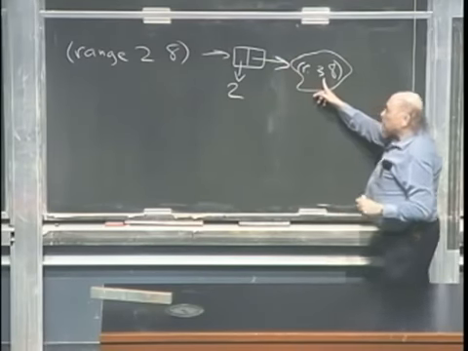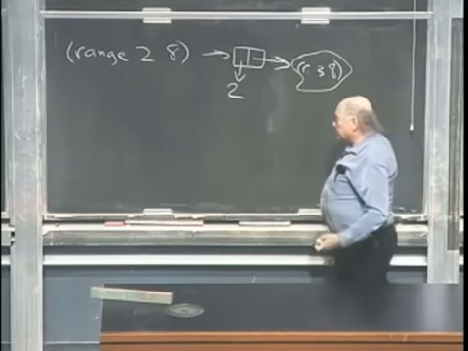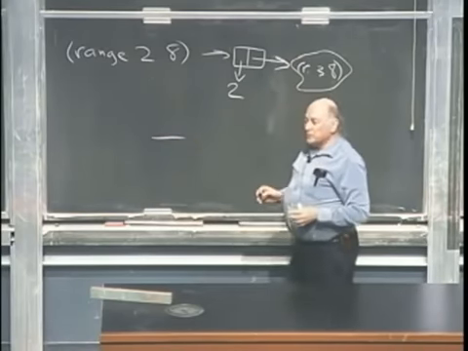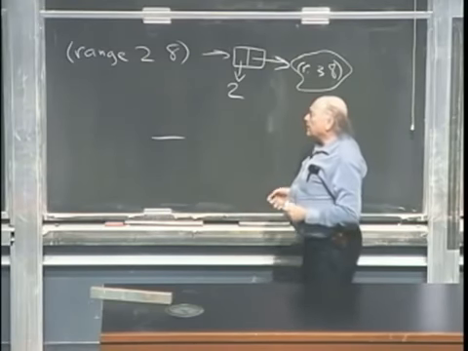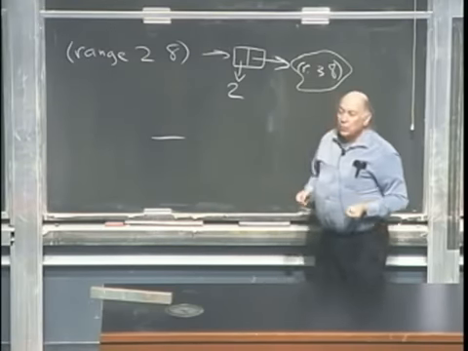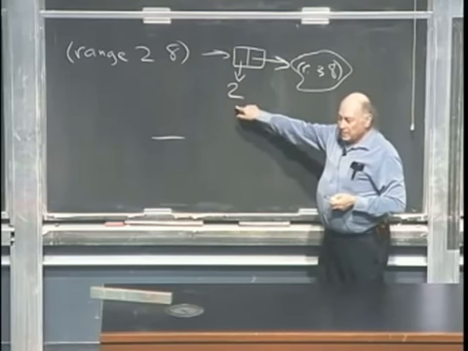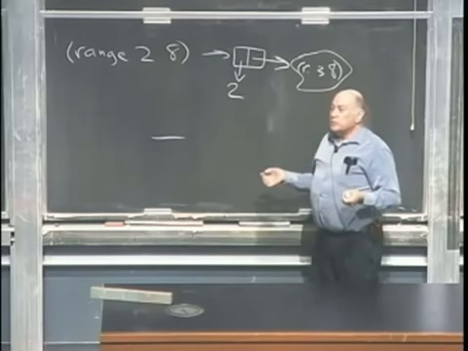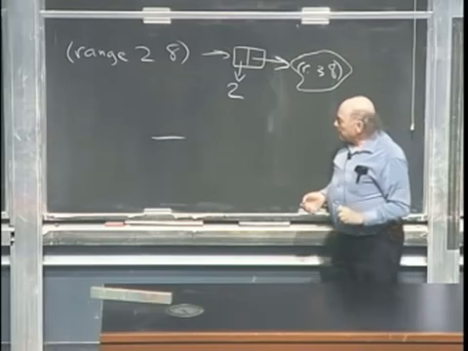Stream cdr forces this promise. This is happening during the call to filter. None of this is delayed, because the delaying only happens in cons-stream, and we only call cons-stream if we want to keep this value. In other words, this value is a factor. As long as it isn't a factor, stream filter keeps on doing recursive calls in the same way that filter does recursive calls. So we try again.